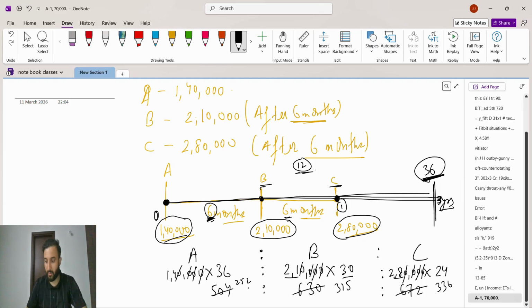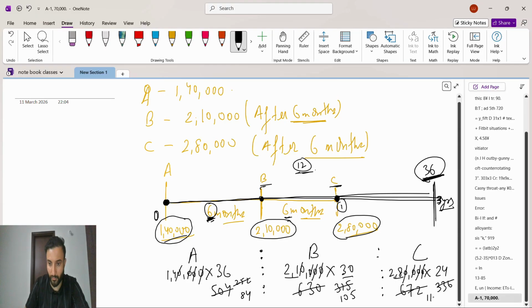Now all go by 3. 252 divided by 3, you will get 84. 315 divided by 3, you will get 105. And 336 divided by 3 means 112.